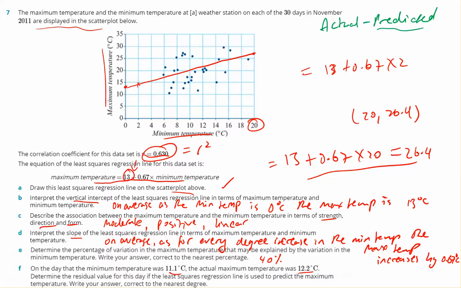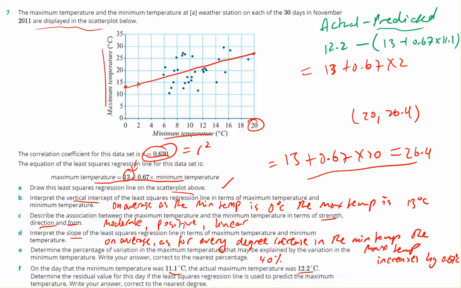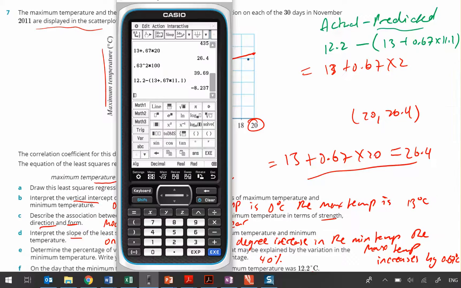So to get the predicted, you just sub into the regression equation: 13 plus 0.67 times 11.1. So on your CAS, 12.2 minus 13 plus 0.67 times 11.1. And we've got a residual value of, to the nearest degree, minus 8 degrees.